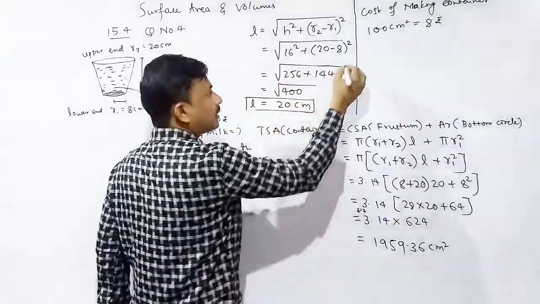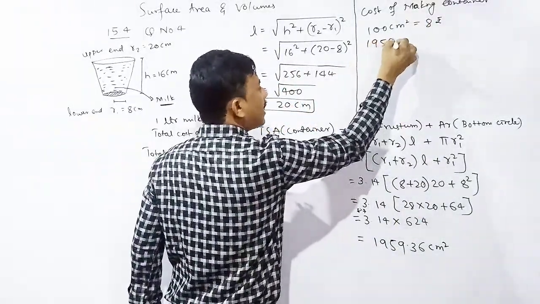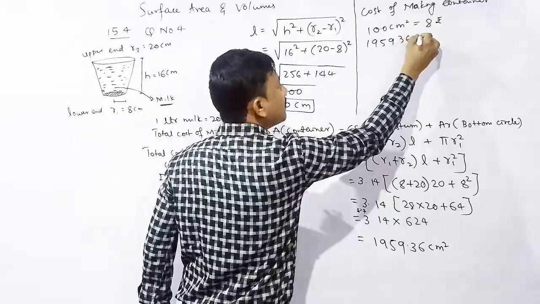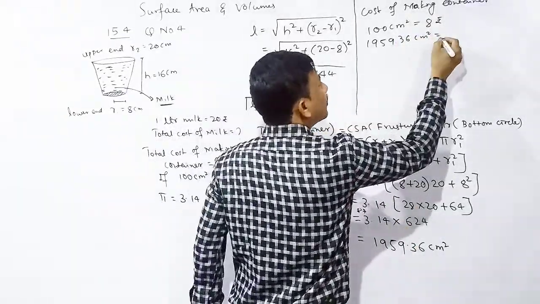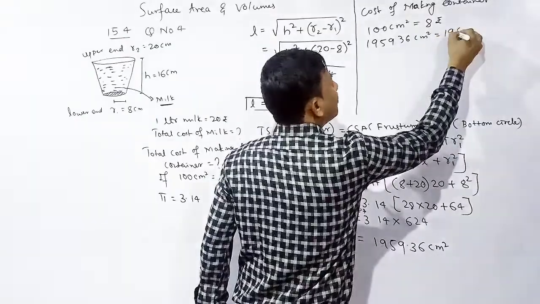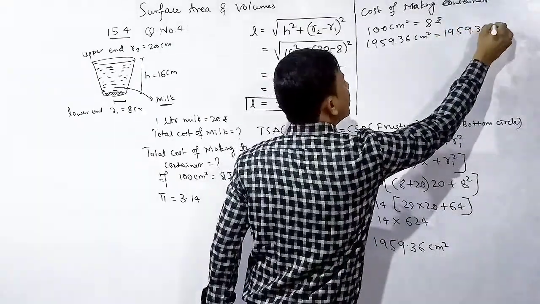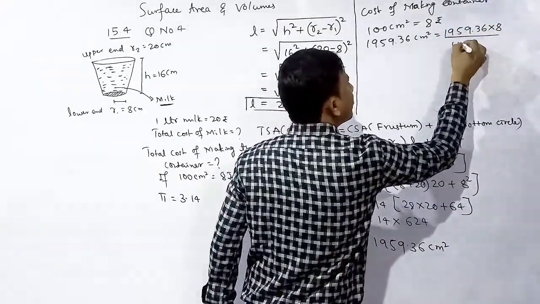Then 1959.36 centimeter square is equal to how many rupees? Cross multiply. 1959.36 into 8 divided by 100.